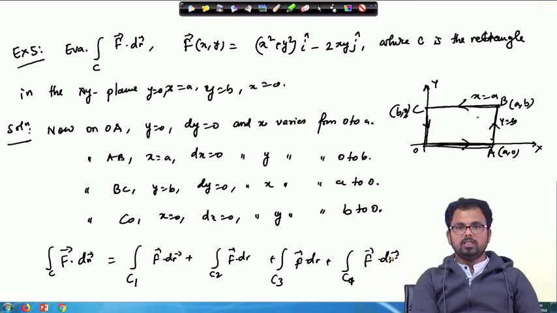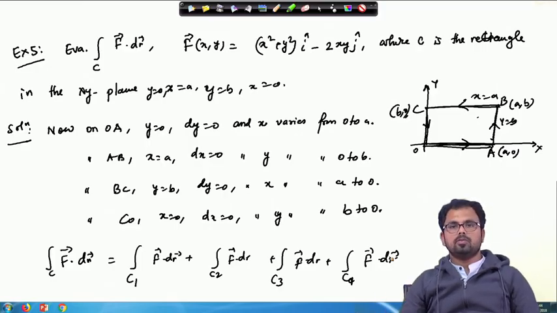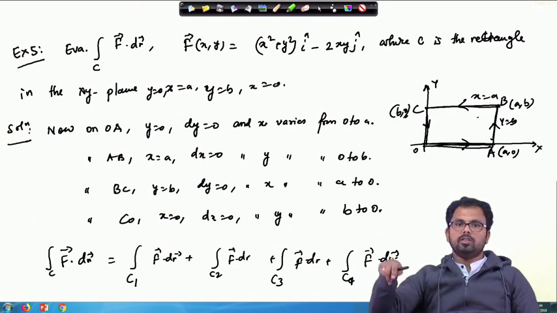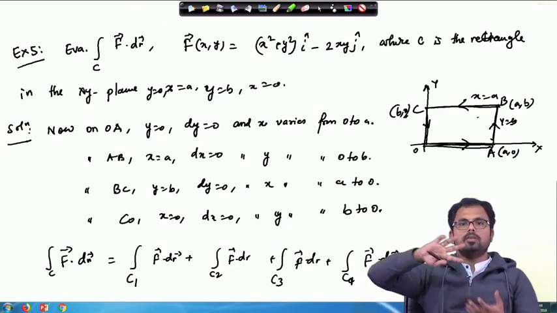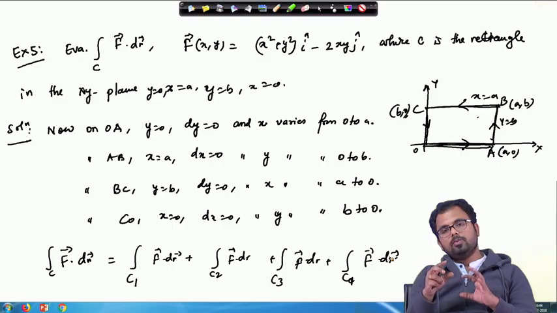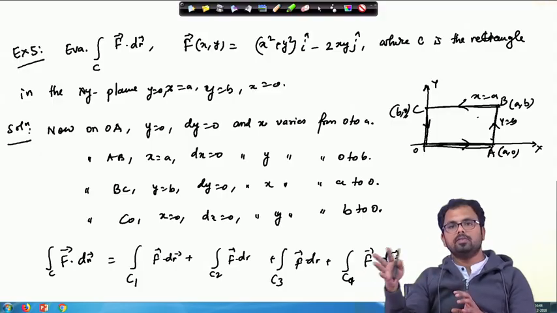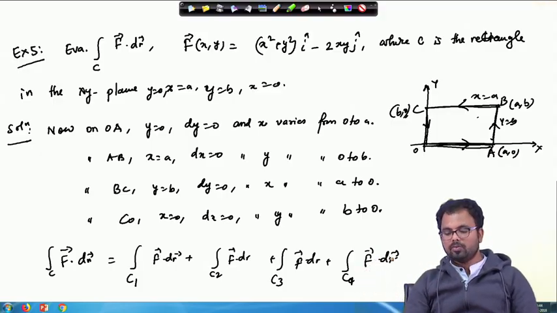From some of the properties of integral calculus or Riemann integral, this union can be changed into a summation. Basically the integral over the union of the domains equals the sum of the sub-integrals over each of these domains.